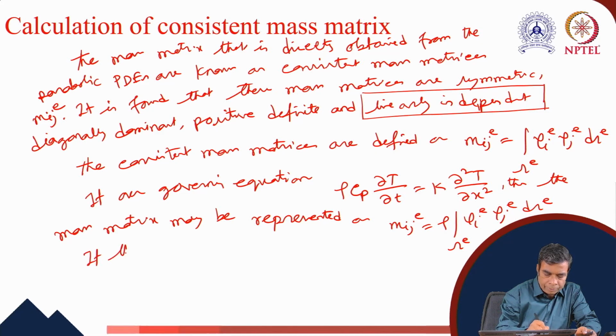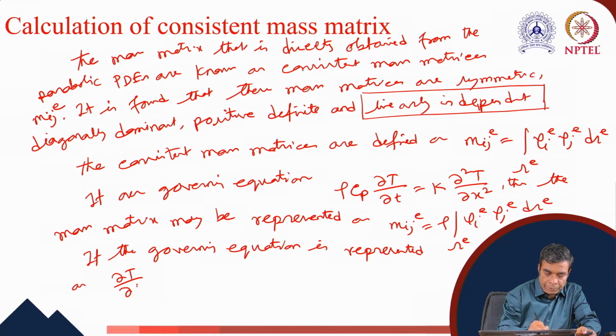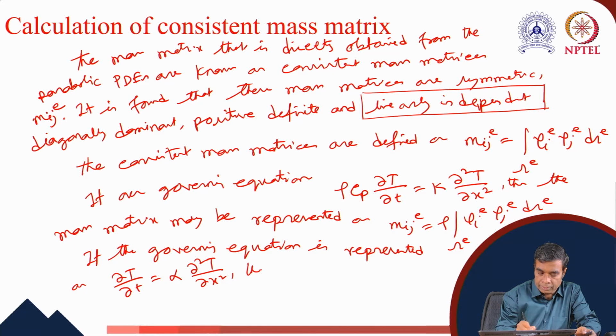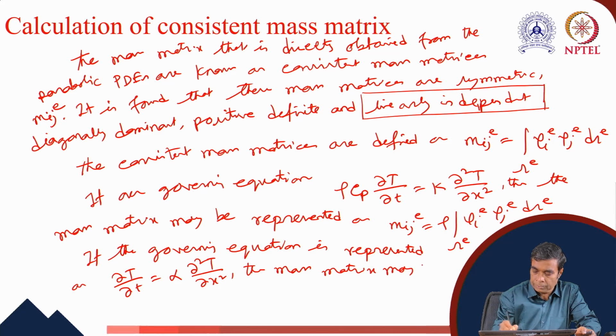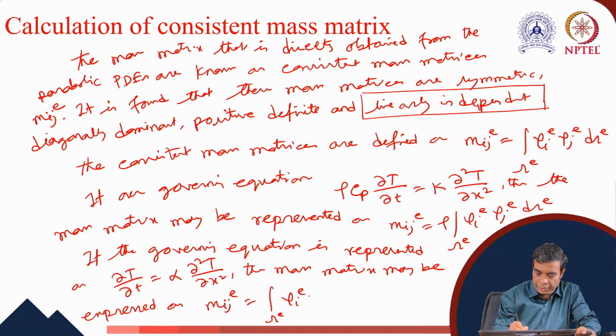If the governing equation is represented as del T del t equals alpha del 2T del X2, then the mass matrix may be expressed as MIJE equals integration over omega e psi IE psi JE d omega e.